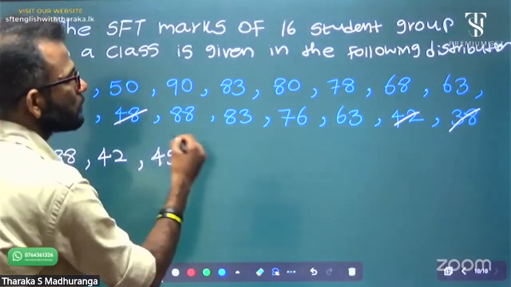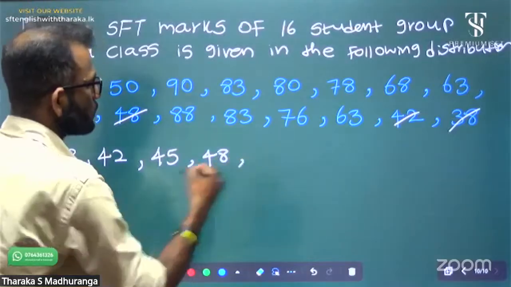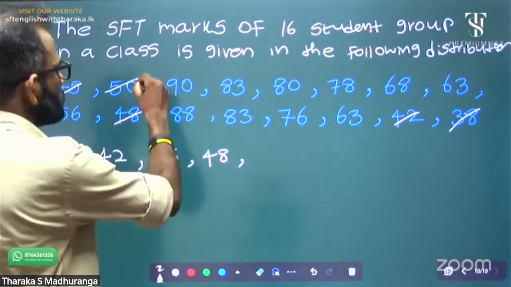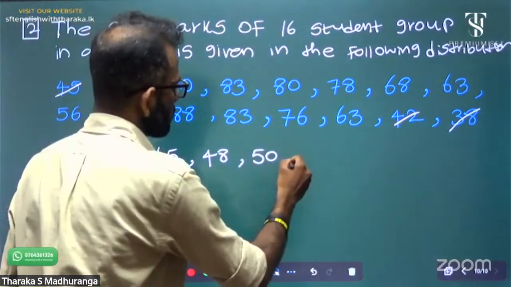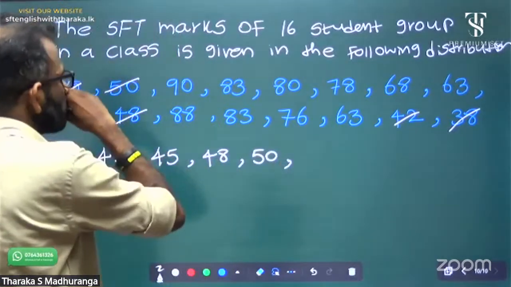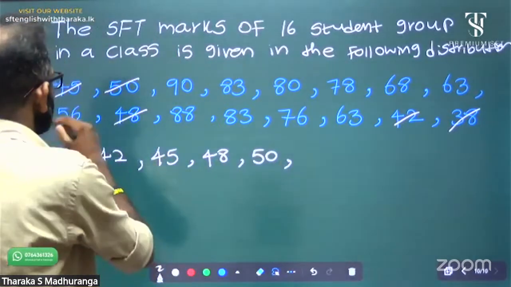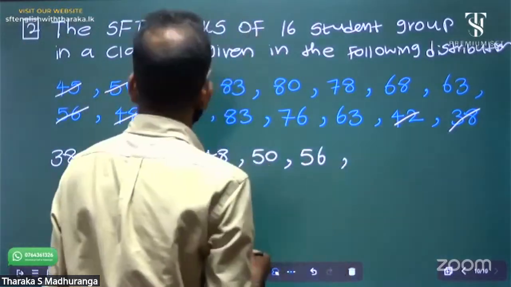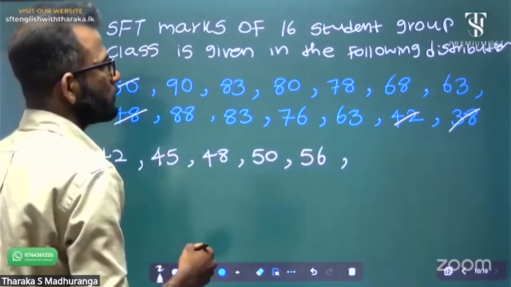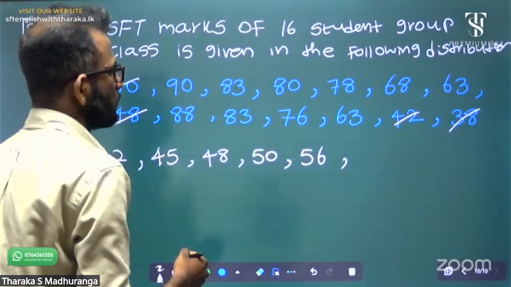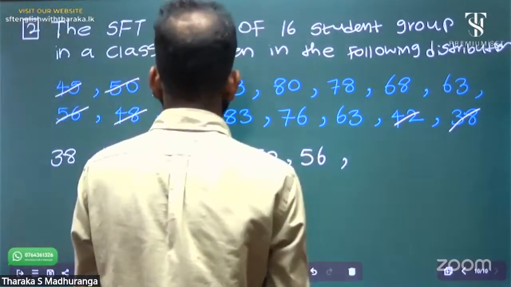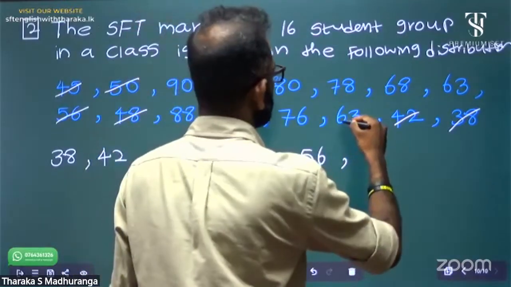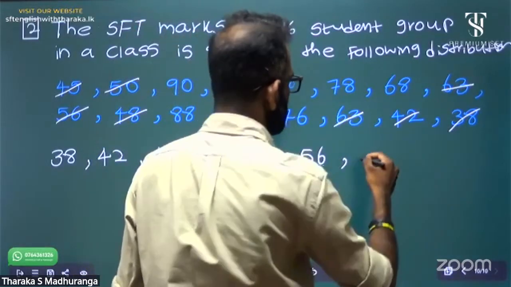48. Now 40 values complete. 50, 56. 50 values done. 63, 63.